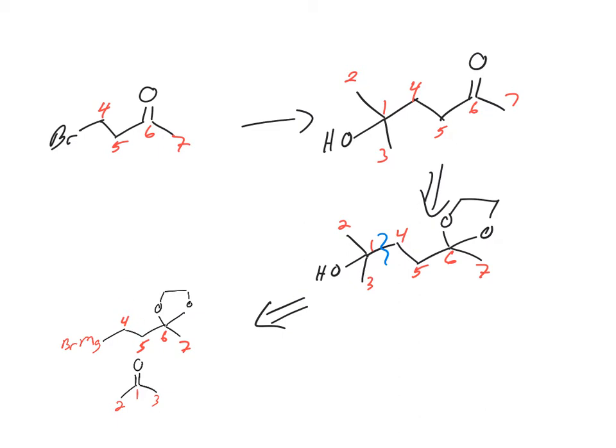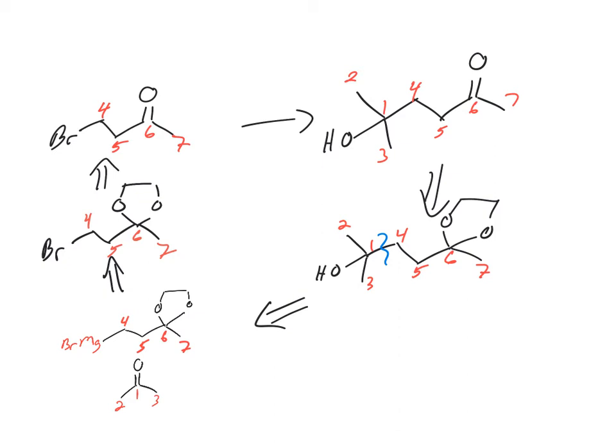So another step back would be, and what do we know about protecting groups? Again, first to go on, last to come off. So I have to put the protecting group on first before I can do anything else. And that gets me there.